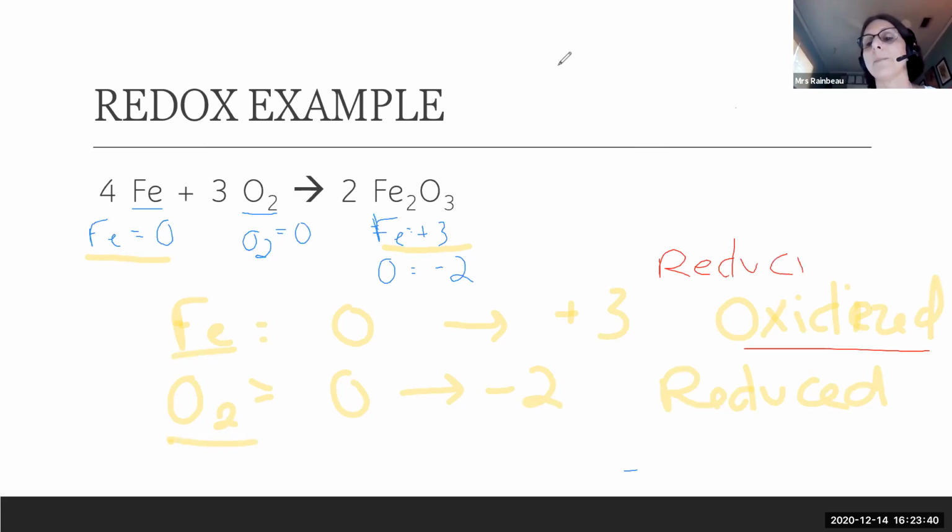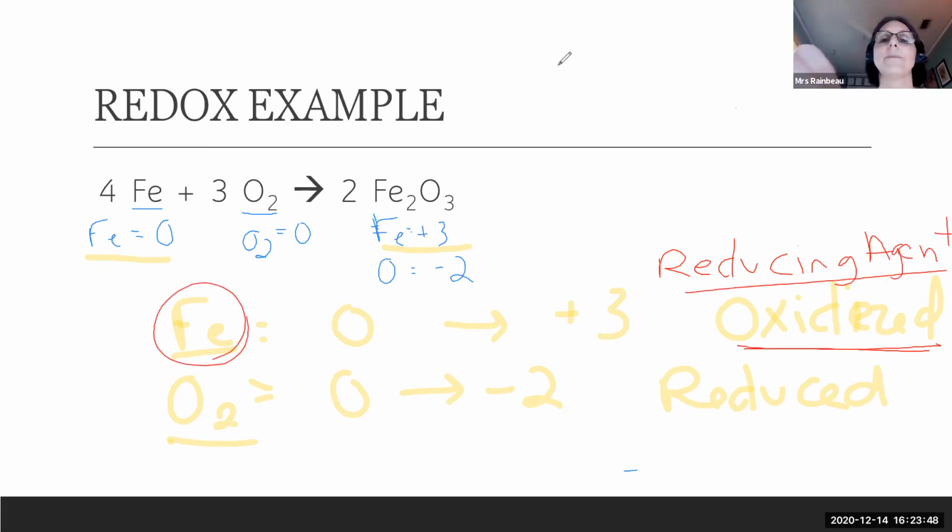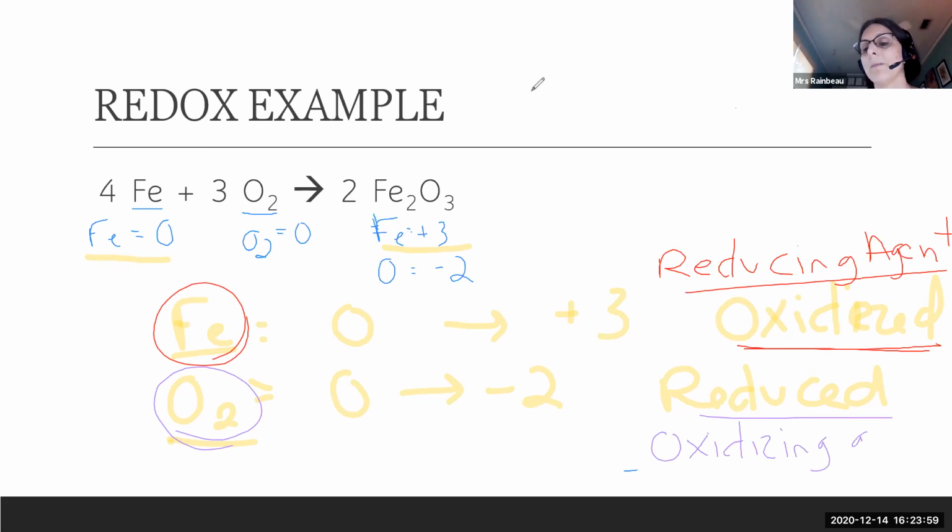It's just the opposite of it. Okay? So iron is oxidized and it is the reducing agent. And that means that oxygen is reduced and it is the oxidizing agent. So it's just the opposite. That's just the way to remember it.